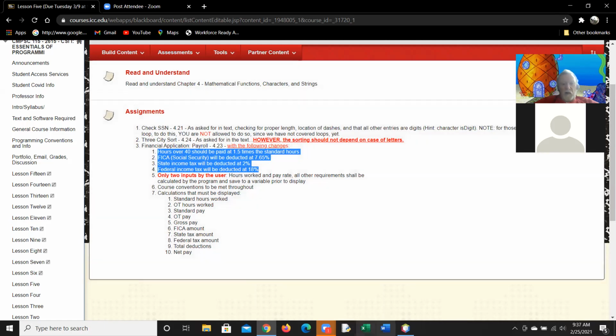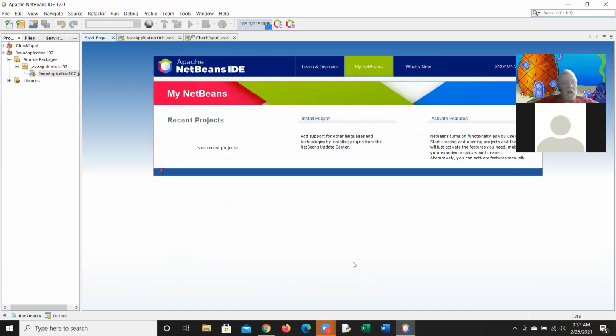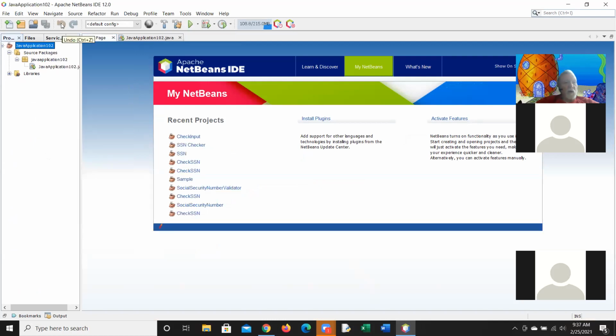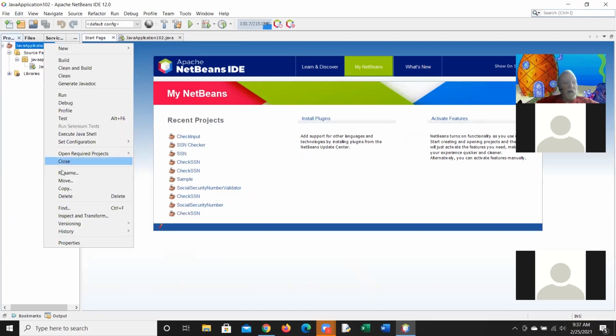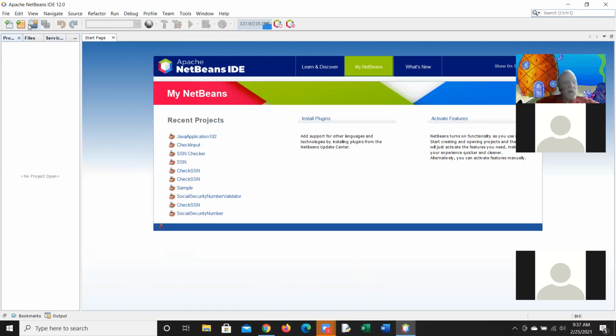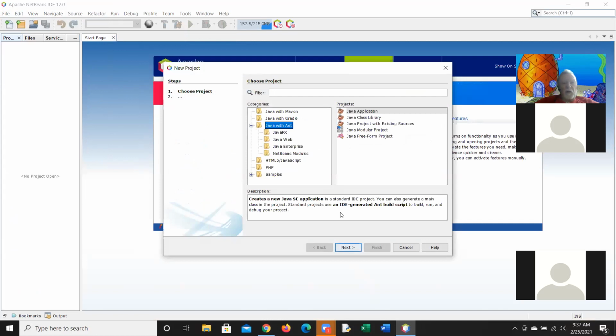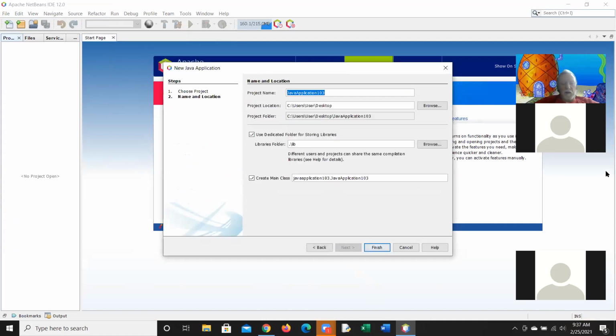And then I'll move back over into our NetBeans here. We'll go ahead and close these couple applications I have open. And we're going to start a new program, a new project per se in Ant. And this will be, let's just call it Pay Stub.